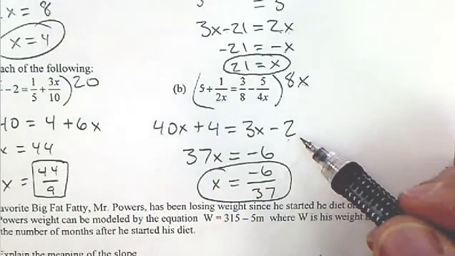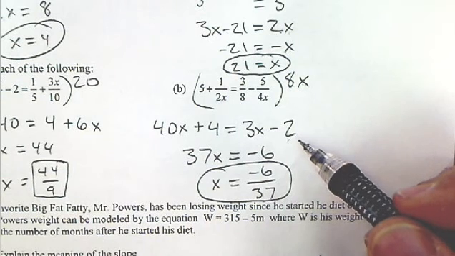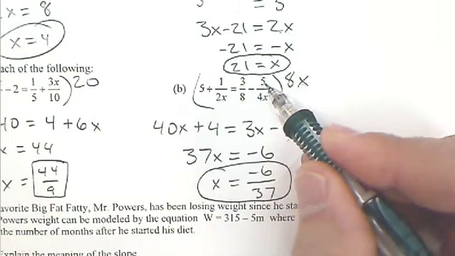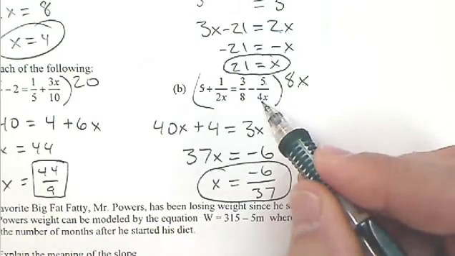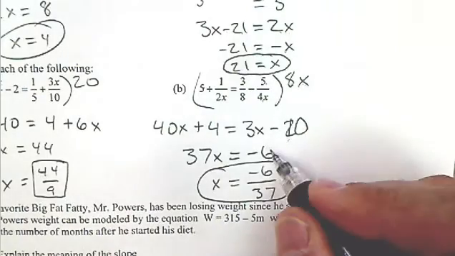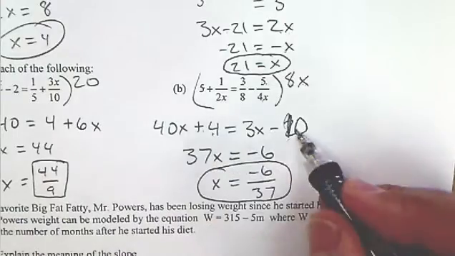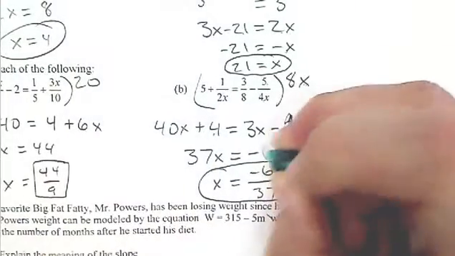So then I just have to, 8x is 40. 40 minus that is 10. So then when I subtract 4 from both sides, that's negative 14.